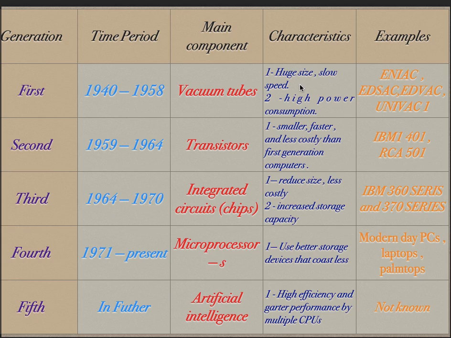You might never have seen that type of computer, but that's really true, because it occupies the entire room, and it is really slow in speed. It gives output in a really long time. It processes the input we gave to the computer.